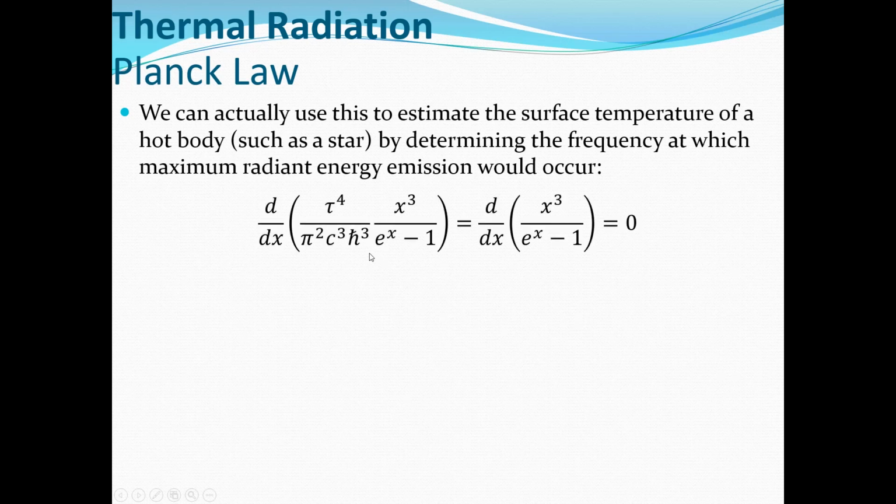We can use this to actually figure out the surface temperature of any sort of hot body, such as a star, and determining the frequency that will end up resulting in the maximum energy emission. As you know, we find the max of anything by taking the derivative of it.